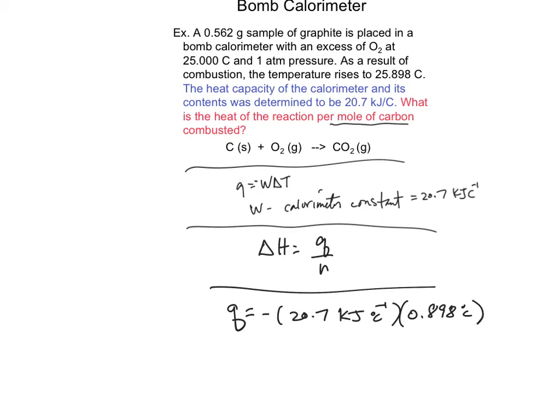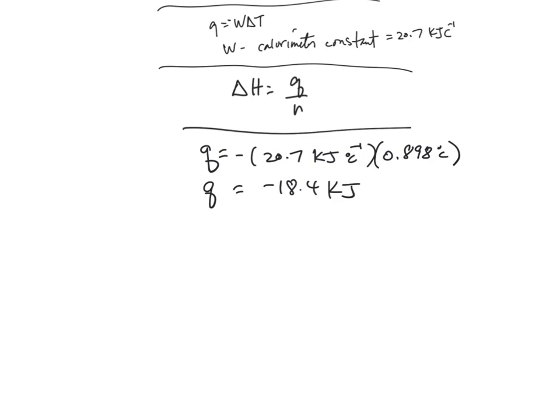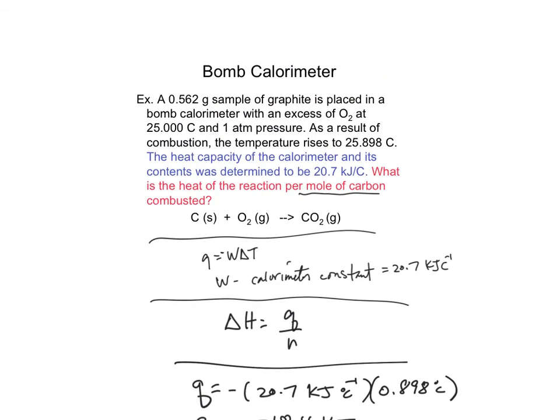So that ends up being negative 18.4 kilojoules. That's Q. Next, we want to recognize that this is 18.4 kilojoules for, read the problem again, for the 0.562 grams.